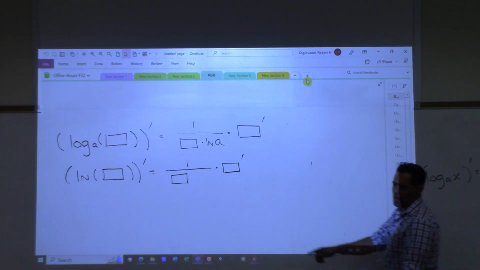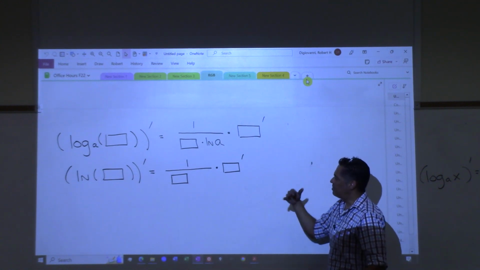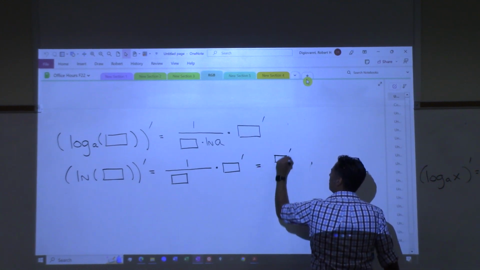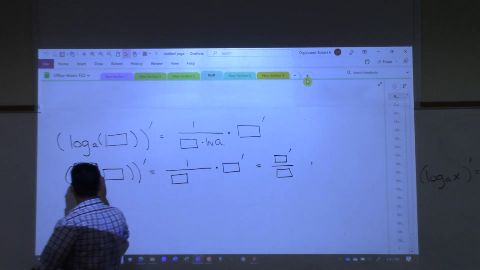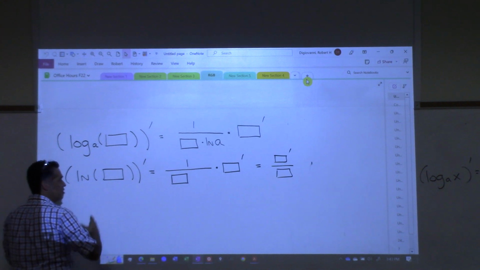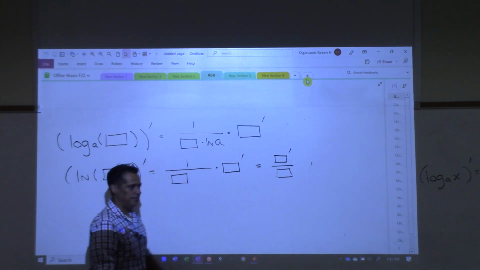So you get 1 over the box times the derivative of the box. And some professors, some books just do it this way: in this very special case of natural log of something, the derivative is just the derivative of the something over itself. You see that ratio?